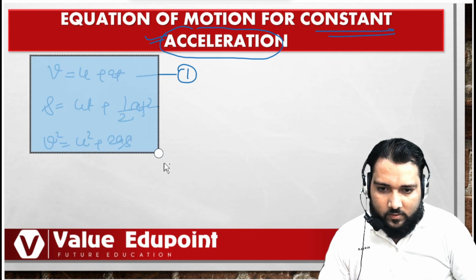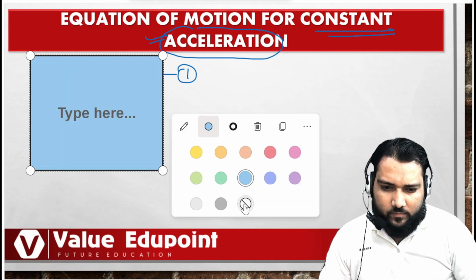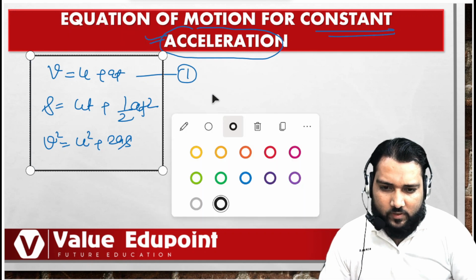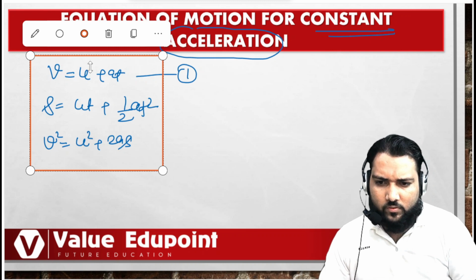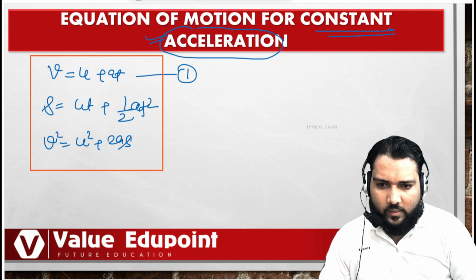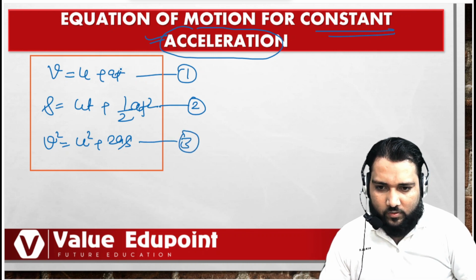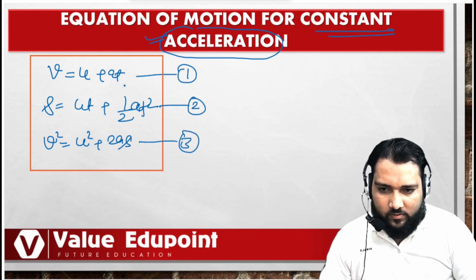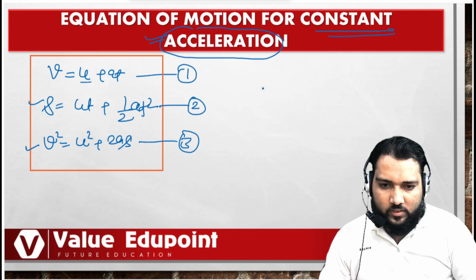Okay, so when you go through problems, you can easily understand the use of these equations. There is no hi-fi technique to understand this. You already know, you can derive. You can see the derivation in NCERT, no problem, guys. So this is the first equation, this is the second equation, this is the third equation. You know the terms. v is the final velocity, u is the initial velocity, s is the displacement, a is the acceleration.